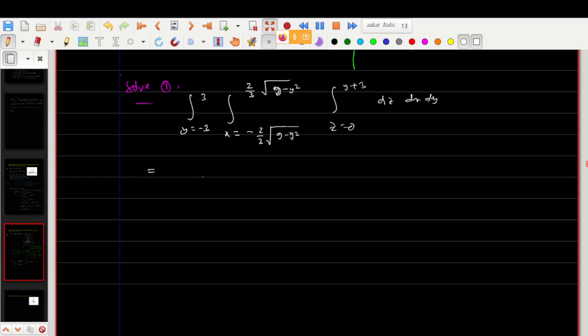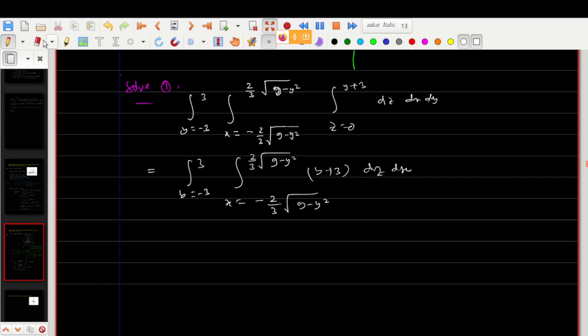This is equal to y equals minus 3 to 3, x equals minus 2 by 3 root over 9 minus y square, and then dz, sorry, this will be dx and then dy.